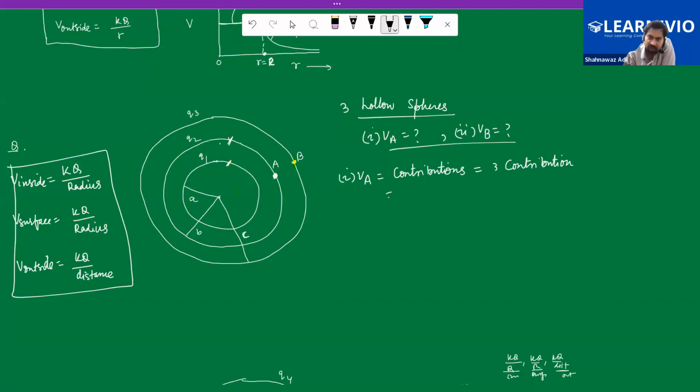One would be due to this Q1 sphere, the other would be due to the Q2 sphere, and the other would be due to the Q3 sphere.